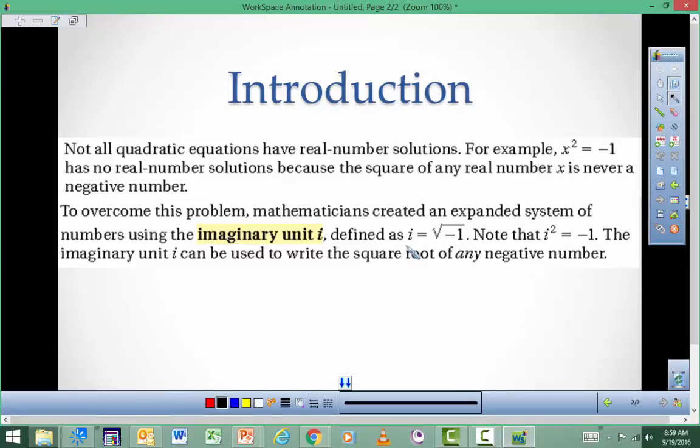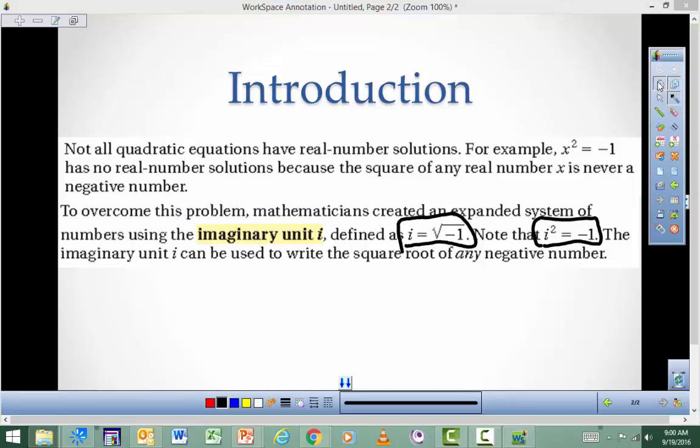Well, it says that this little bitty i is equal to the square root of negative 1. And here's the other thing you need to remember when you're dealing with complex numbers. i squared is equal to negative 1. So if you could remember those two things, complex numbers won't be difficult at all.